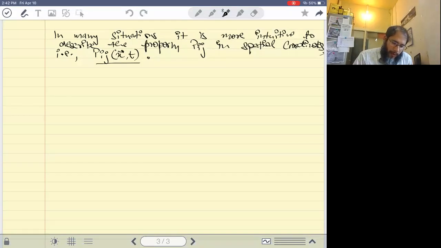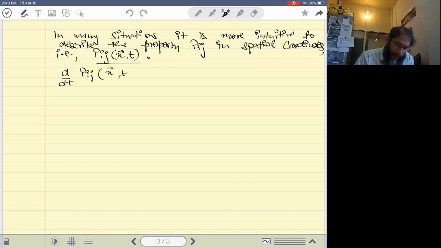Okay, so again, the intuitive meaning of material derivative stays as it is. It's just that mathematically we try to understand how to write that when P is described using the Eulerian description or the spatial coordinate system. So we write this as d by dt of Pij, which is a function of small x and t.